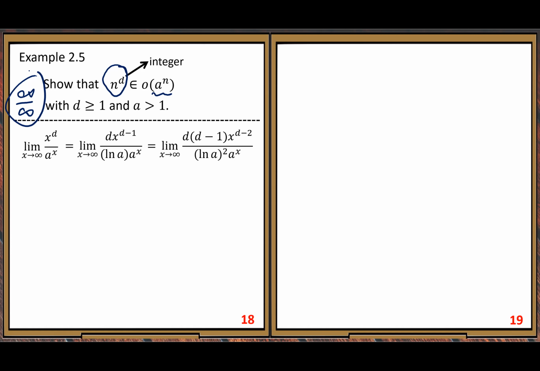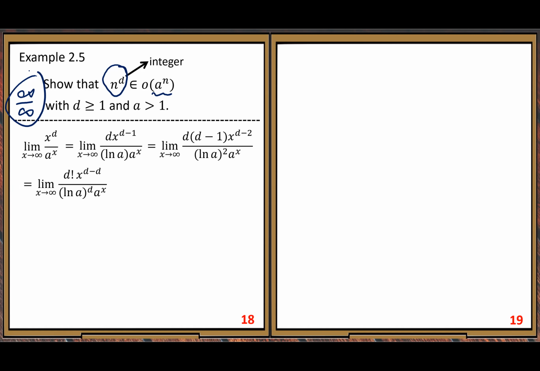Still, if d minus 2 is a positive integer, we need to apply L'Hopital's rule another time, and so on. Keep applying L'Hopital's rule until it's not an indeterminate form. If it is an indeterminate form, we always need to apply L'Hopital's rule.